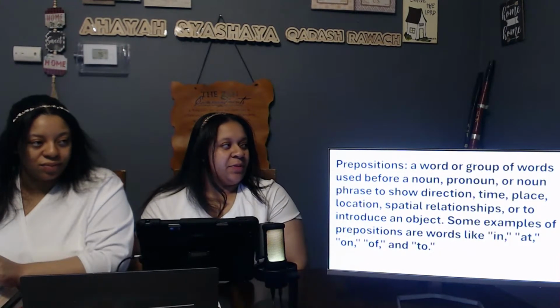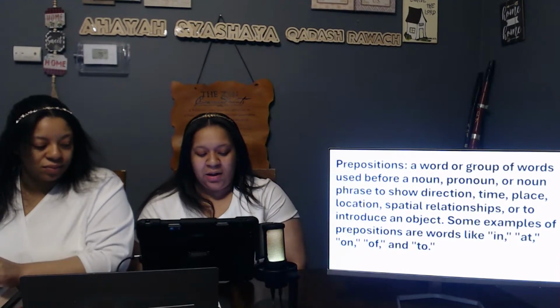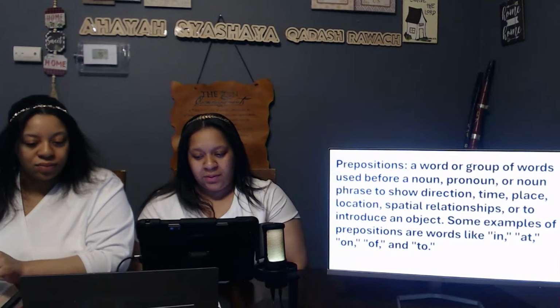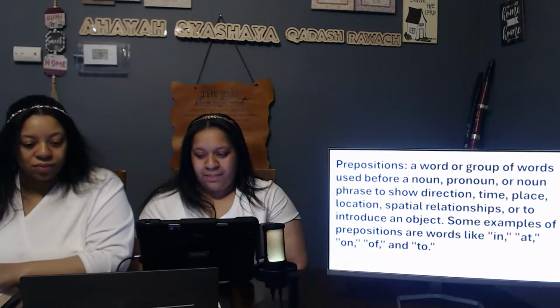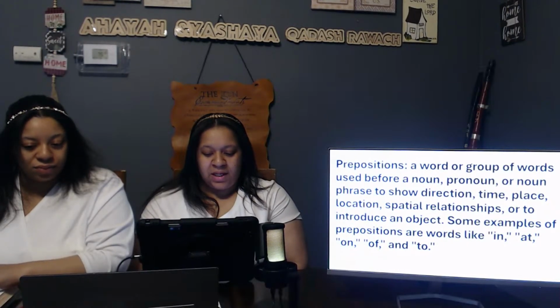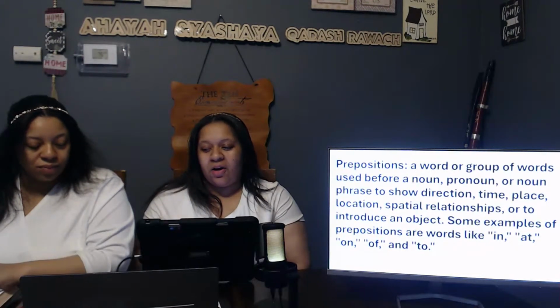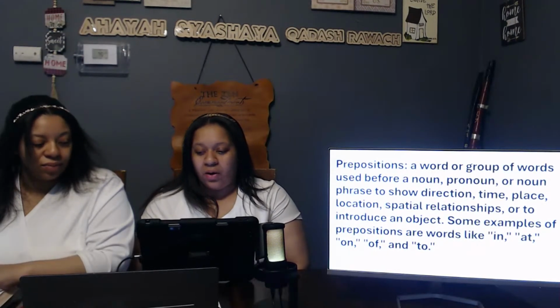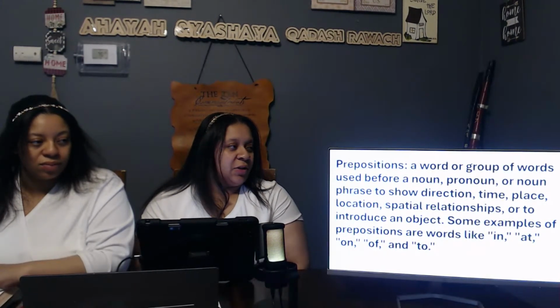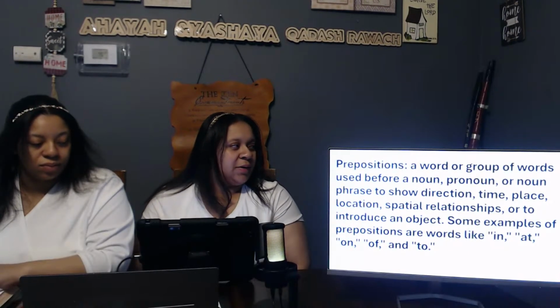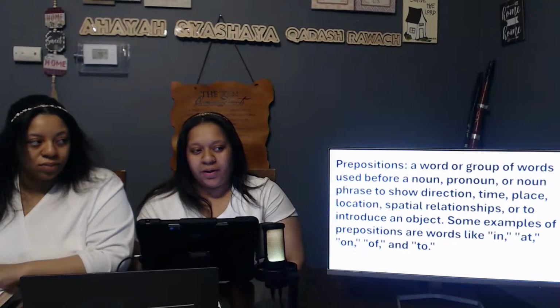Some example words for that would be in, at, on, of, or to. Some ways it's used: the man on the platform, or she arrived after dinner, or what did you do it for?